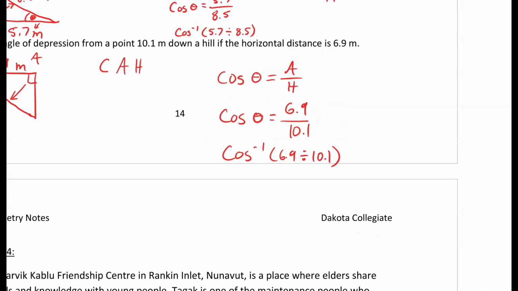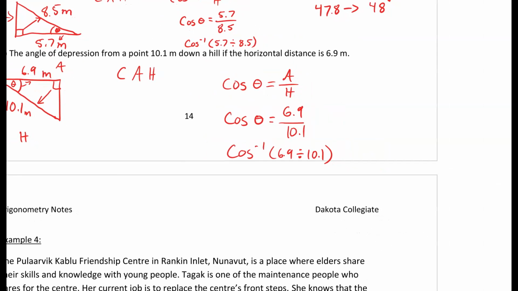This is going to give us our angle, and our angle of depression is 47 degrees. That would be our final answer for that.